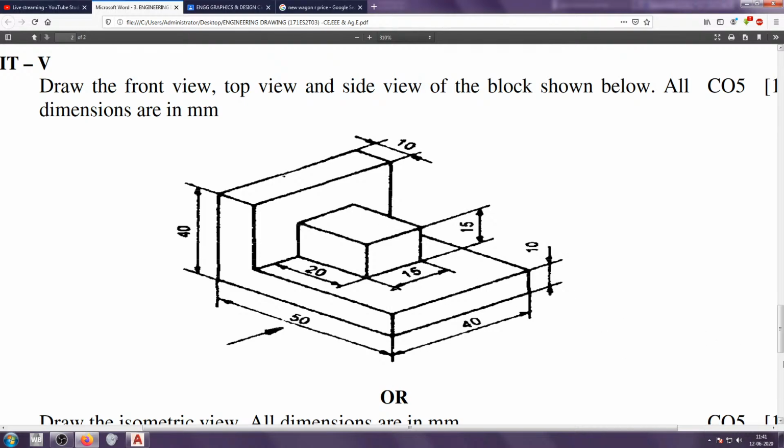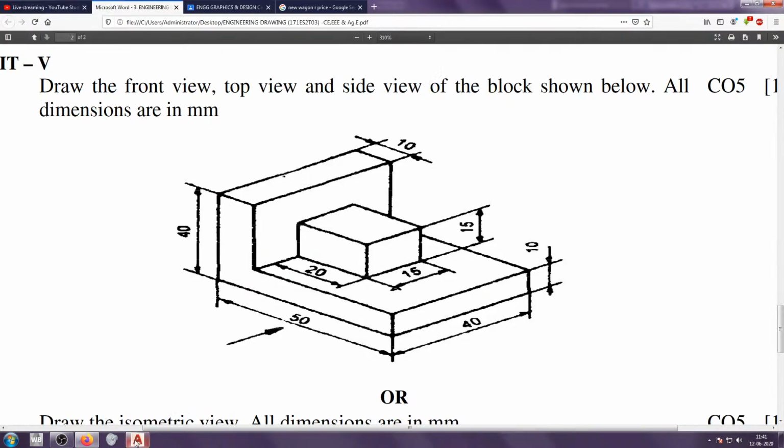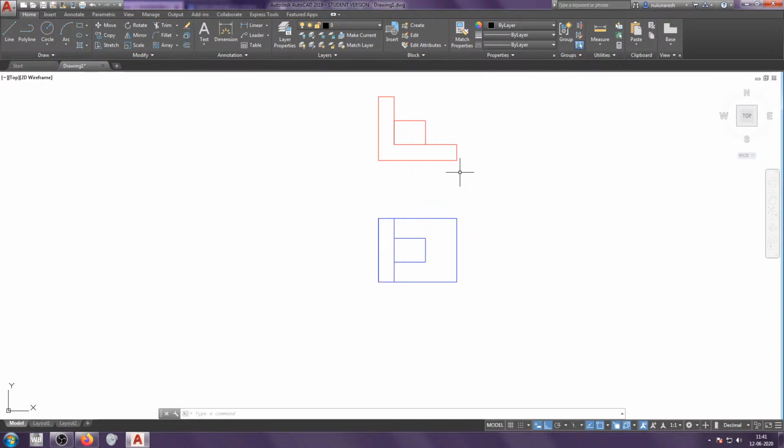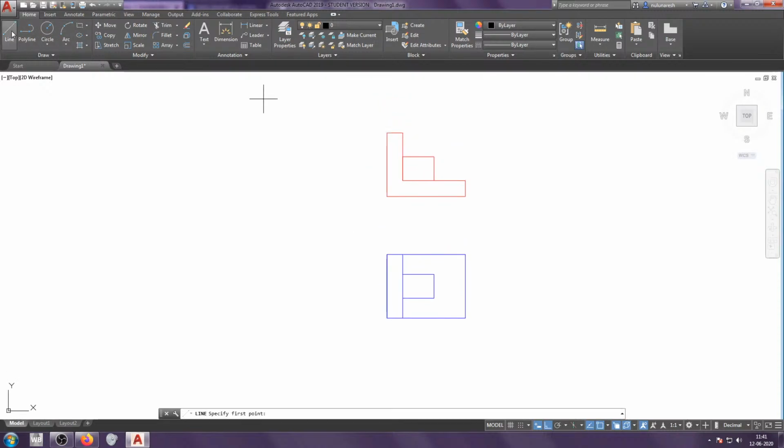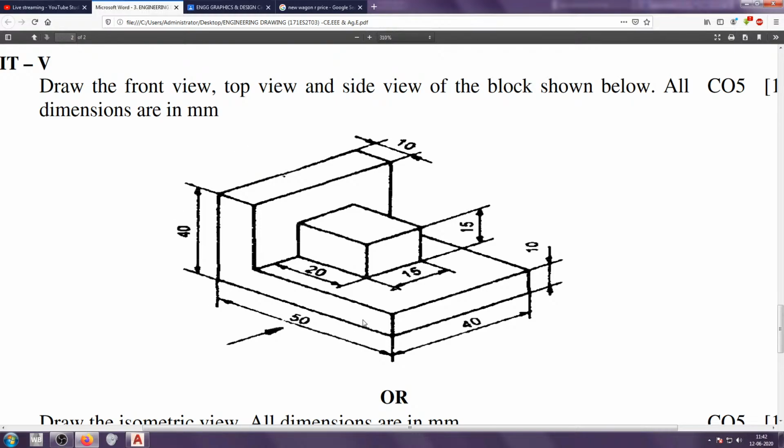When you watch it from the right side, how does it actually look? So if it is a right side view, it will come to the left. So I'm going to take the projections again. From the right side view, we will be able to see this face, which is nothing but this line.